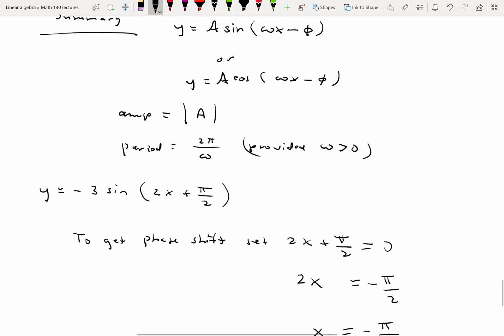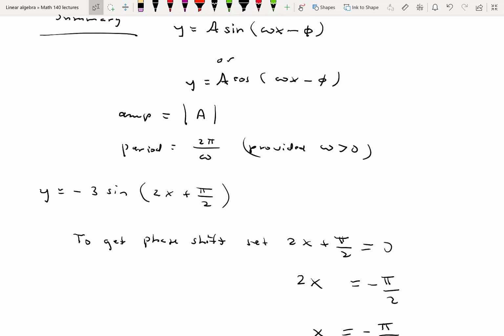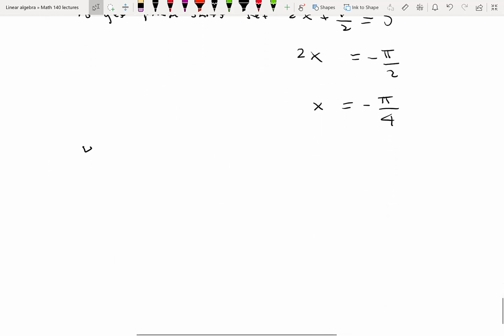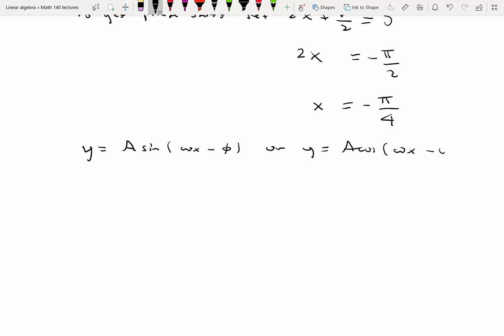So what about our general case, y equals A sine(omega x minus phi), or y equals A cosine(omega x minus phi)? I'm trying to find general formulas for phase shift. How do you get phase shift? You set the angle equal to 0 to get the new starting point.